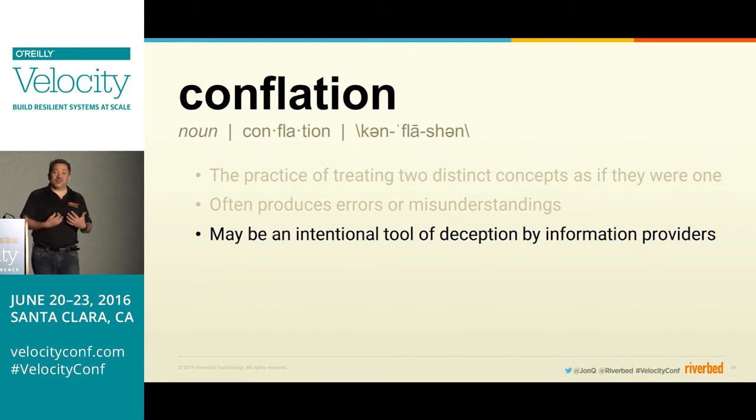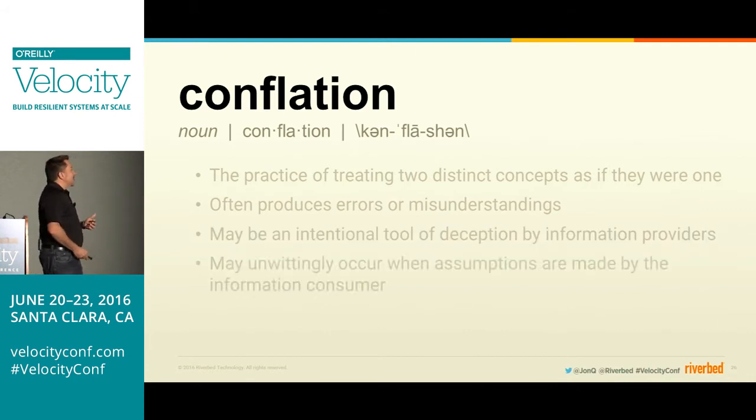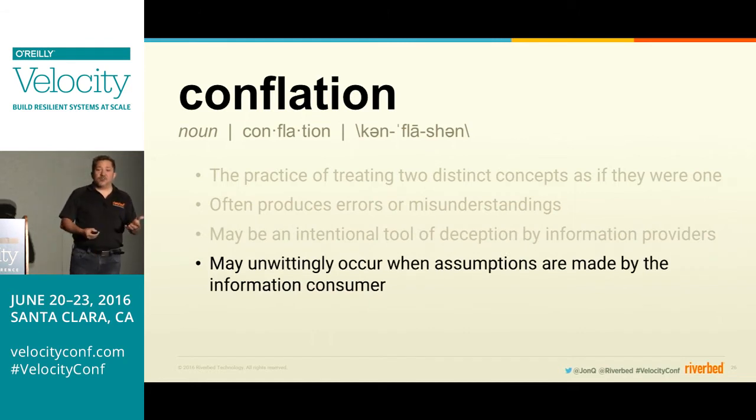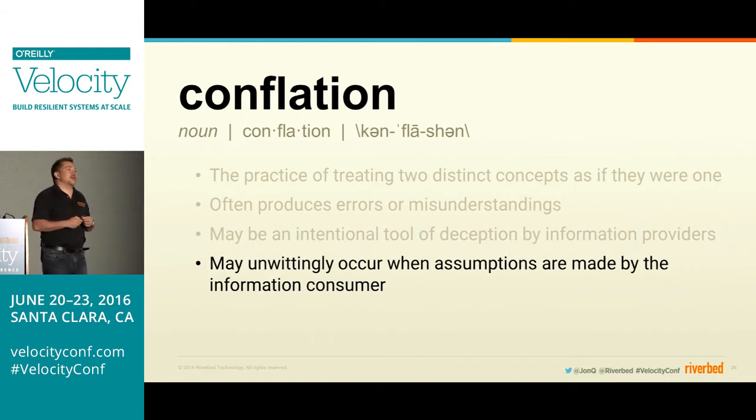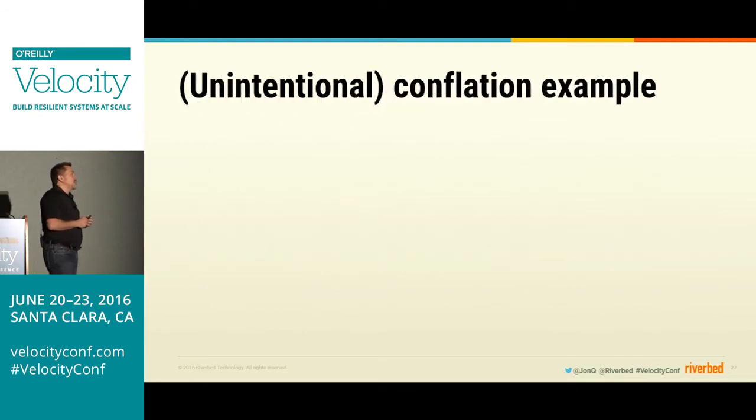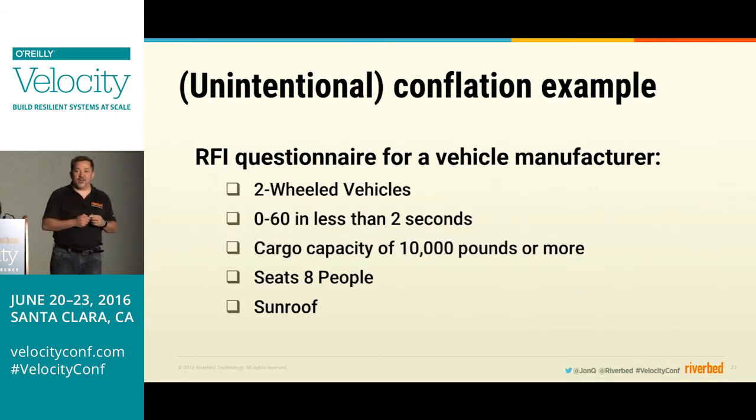I always try to be honest personally, but whenever you deal with any vendor, they're going to potentially do this. It also may unwittingly occur. You may bring this upon yourself by simply making assumptions and thinking that two things are connected when they're not. So it is important to use a very educated lens when trying to determine exactly what you're dealing with.